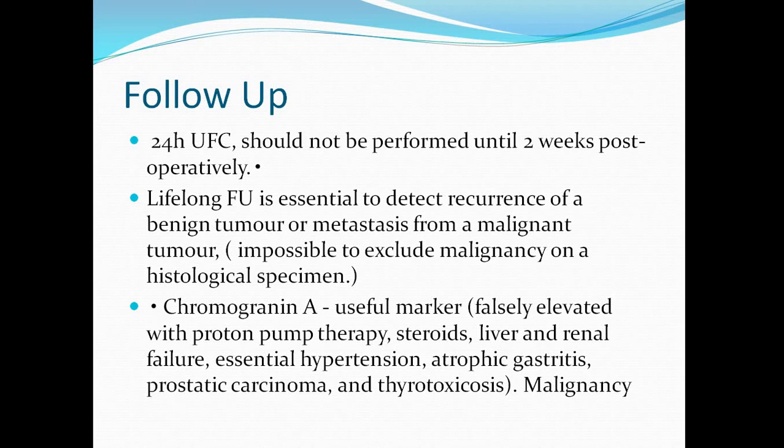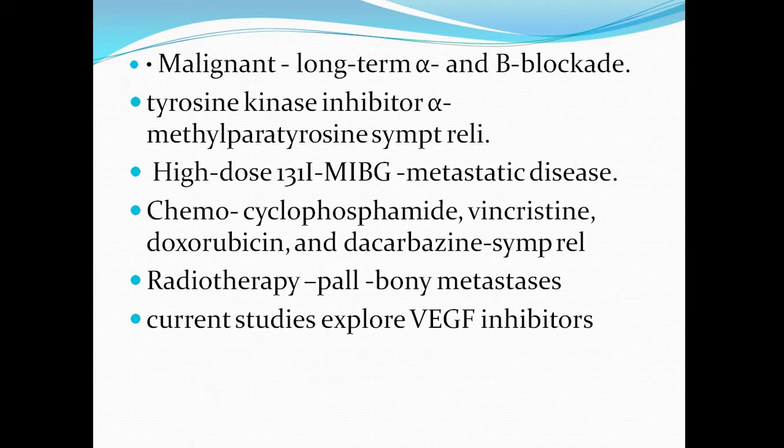Another marker is chromogranin A, but as you see, it could be falsely elevated with PPI, steroids, liver failure, renal failure, and other conditions which I've shown. In malignant tumors, you use long-term alpha and beta blockade. And for symptomatic relief, you could use the TKI inhibitor, alpha-methyl paratyrosine. In metastatic disease, you use the high-dose I-131 MIBG.